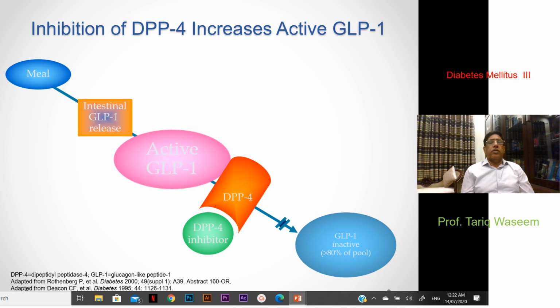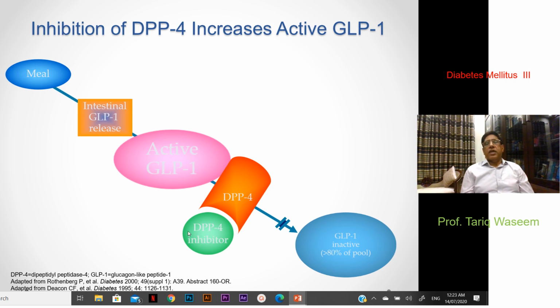What happens is that you take a meal, your native GLP-1 is released, and this is an active GLP-1. Now this active GLP-1 is inactivated within 1.5 to 2 minutes. This is brought about by the DPP4 enzyme.